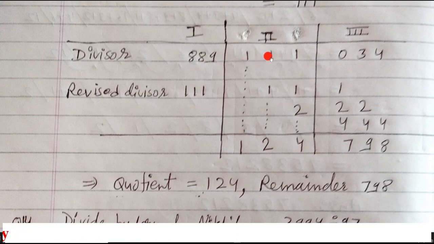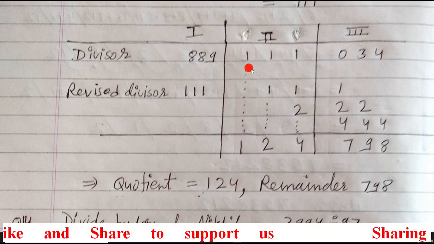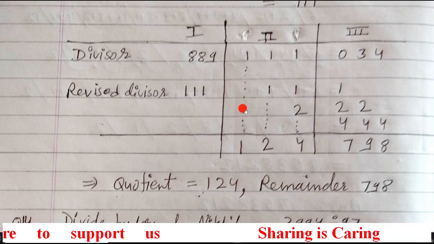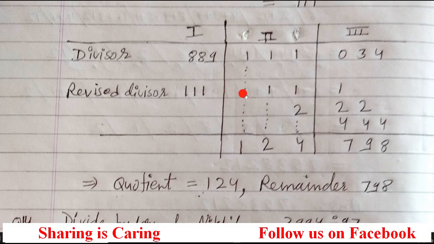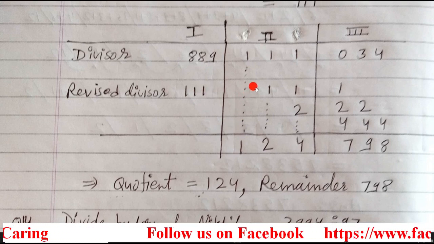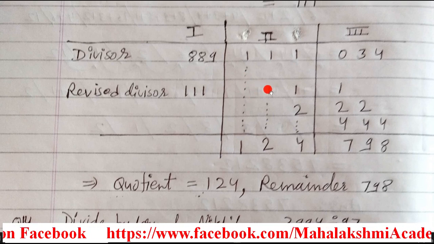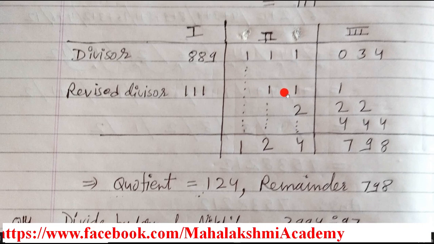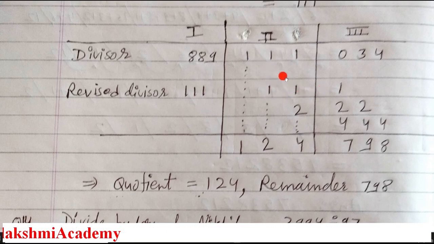So how many columns do we have in total? 6, because 6 digits are there in the dividend. So students, for the first column, put the dashes and write here 1. Now in this you don't have to enter anything. Now when you multiplied 111 by 1, the answer came 111. That entry you have to start from the second column onwards, because the dashes already came. So from the second column onwards just enter it: 111, one digit to each column. So it went to the second column, then the third column, then the fourth column.